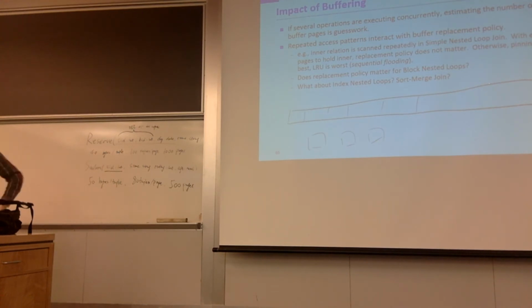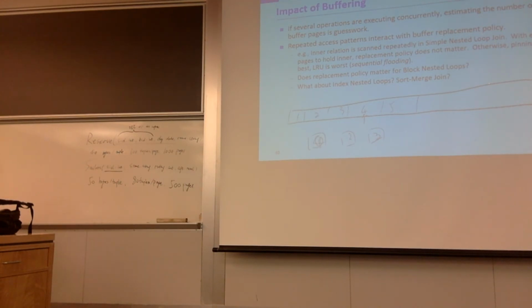So let's say this is 1, 2, 3, 4, 5. You start putting 1 here, 2 here, 3 here. Also, you need to read 4. If you are using LRU, you are going to replace the oldest accessed page in your buffer pool. So that's going to be 1, right? You replace that 1 with 4.